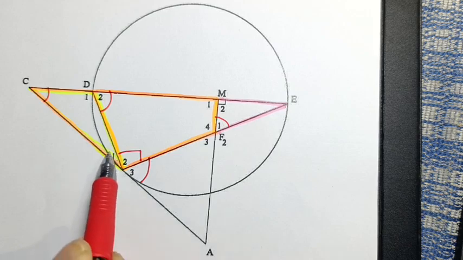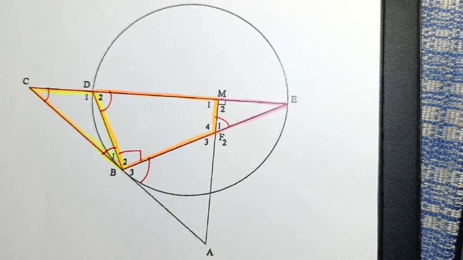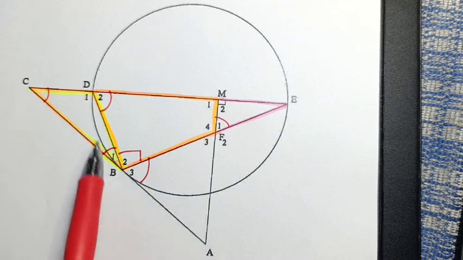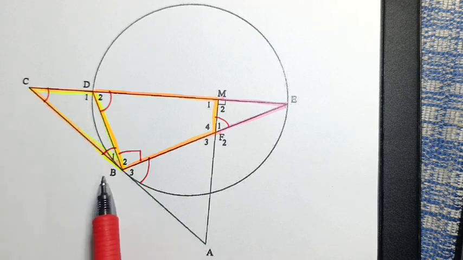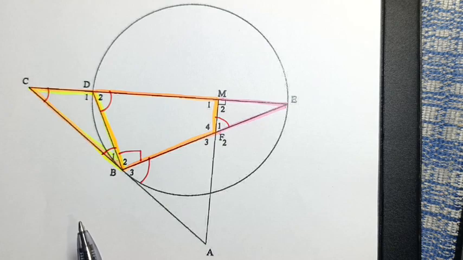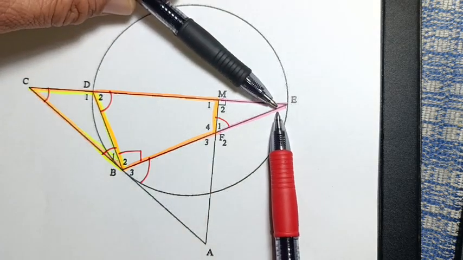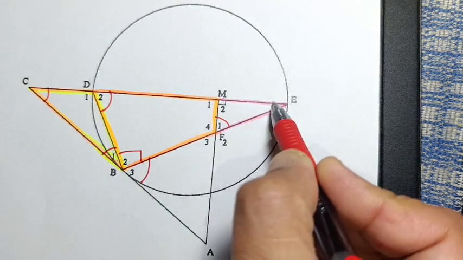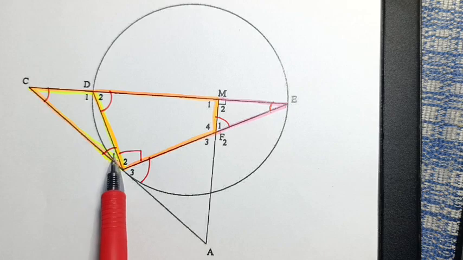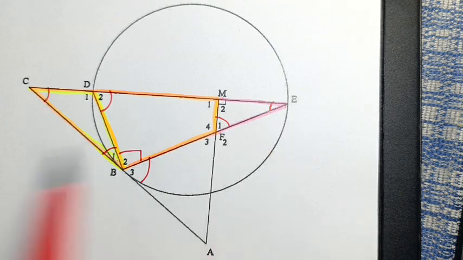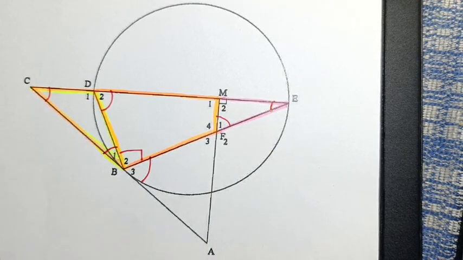So this angle B1, angle CBD, is the angle between tangent and chord. This is the chord DB, forming another angle in the alternate segment. Have a look here, angle E, tan chord theorem. So angle B1 is going to be equal to angle E. This is the tan chord theorem.